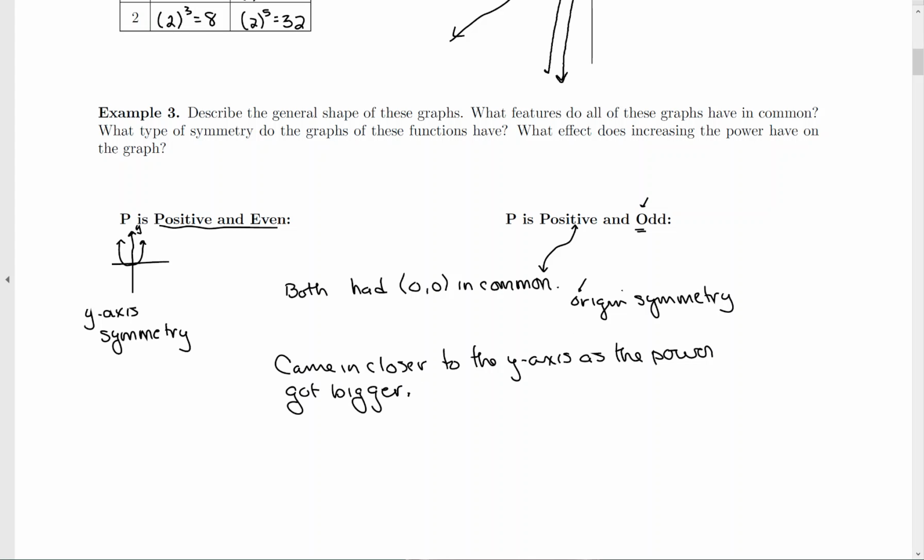Okay. So it helps to keep those shapes in mind. Even power, the ends were going in the same direction. Odd power, the ends were split. Odd had origin symmetry, even had y-axis symmetry.